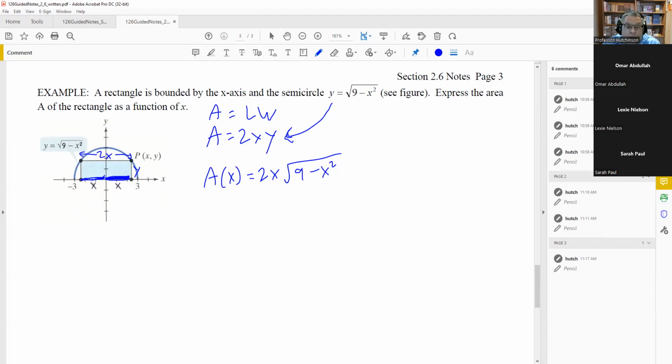Okay, and that's basically all the notes done from 2.6. So again, there's only 6 questions in the homework. 3 of those are similar to ones that we just did in class today. And the other 3 of them have worked solutions, so you want to go ahead and click on the worked solution. It'll give you a similar problem with different numbers, but it'll walk you through, and that way you'll know how to set that up.